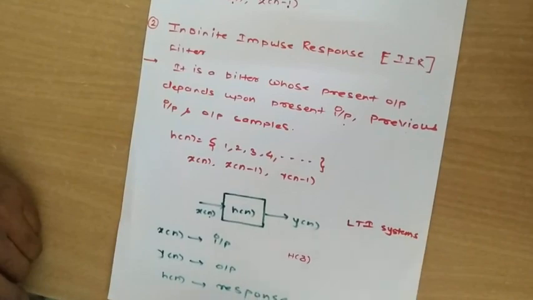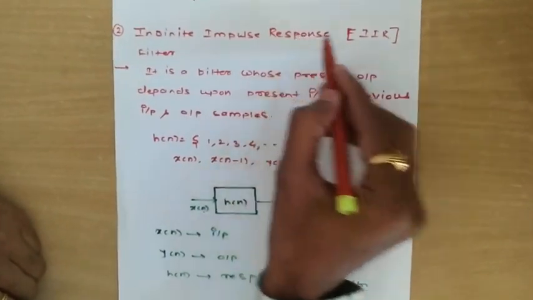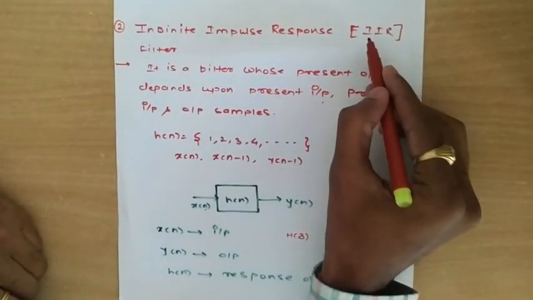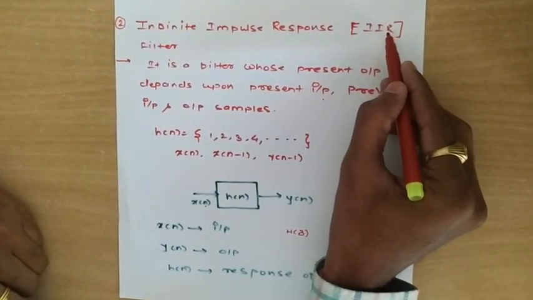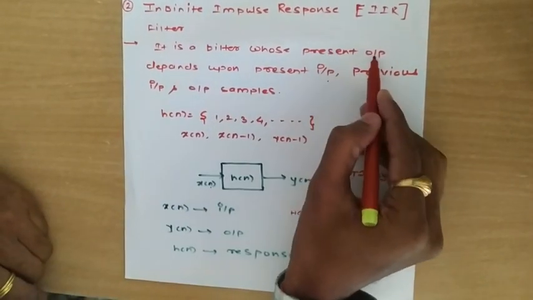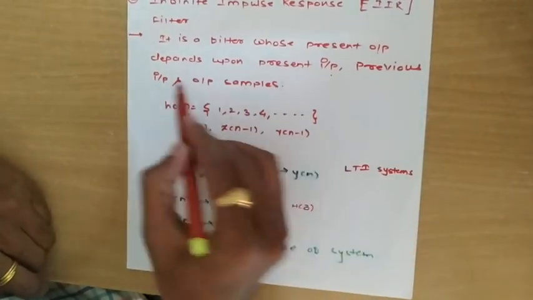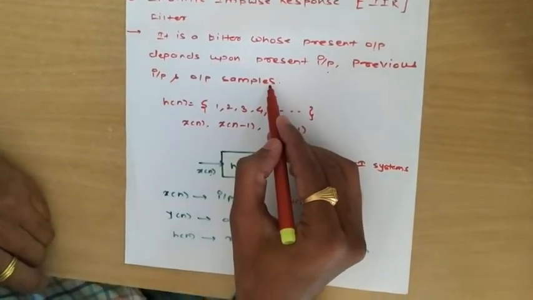Now coming to the second type, it is known as infinite impulse response filter, which is also known as IIR filter. It is a filter whose present output depends upon present input samples, previous input samples and output samples.